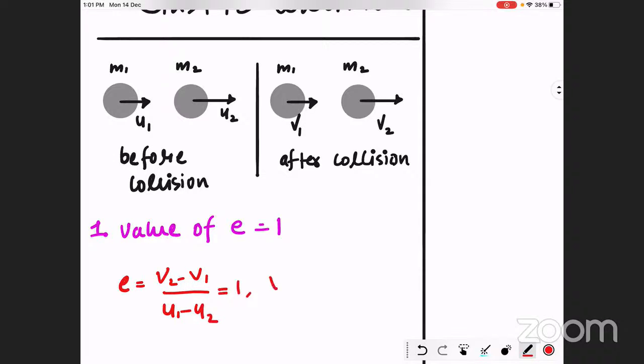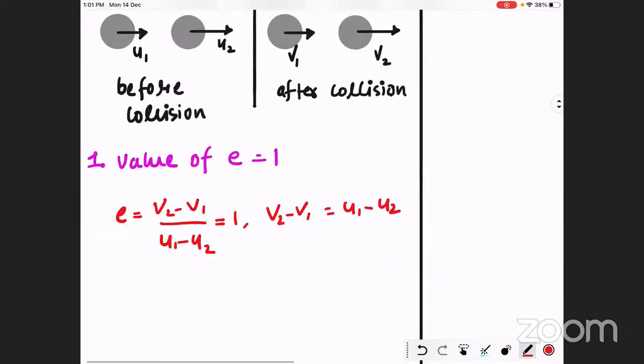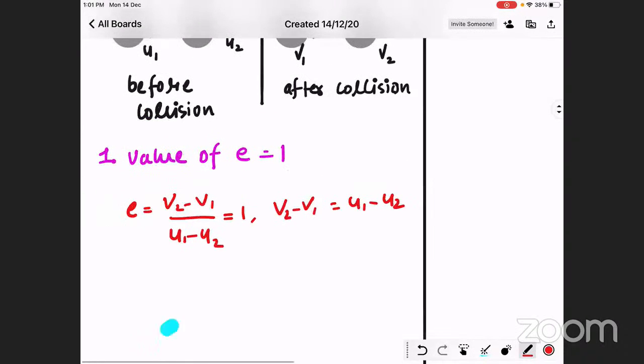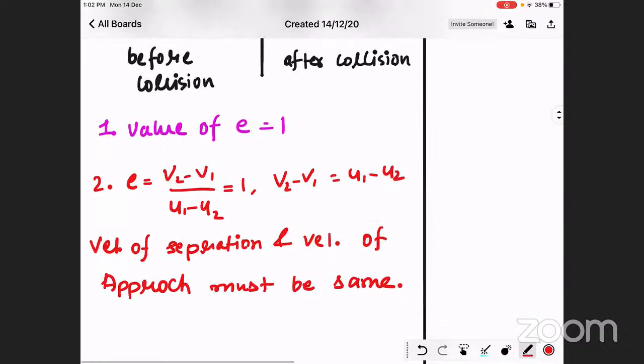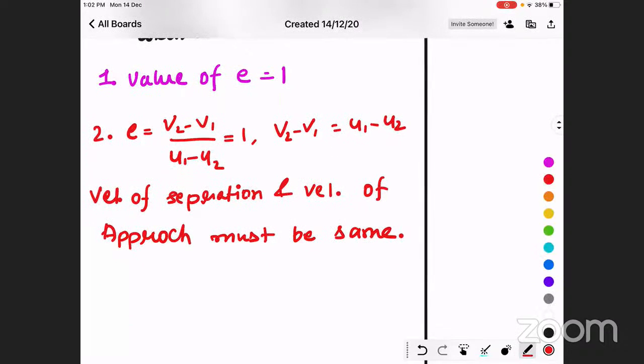It is 1, means v2 minus v1 must be equal to u1 minus u2. It means the second point says that velocity of separation and velocity of approach must be the same. Everyone understood second point? Yes, sir.